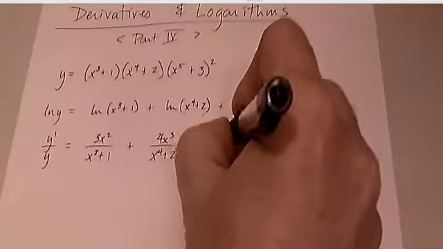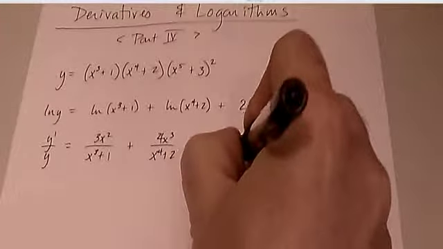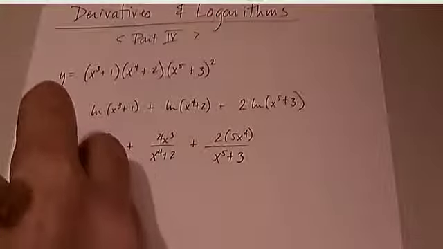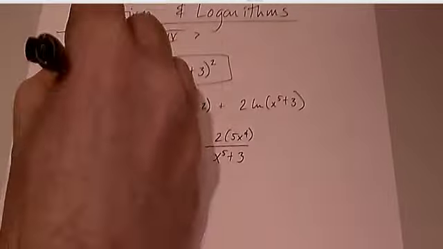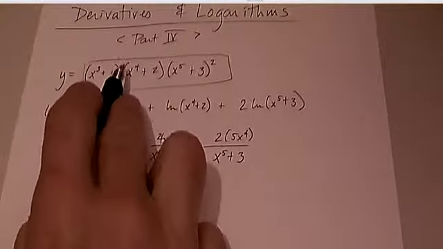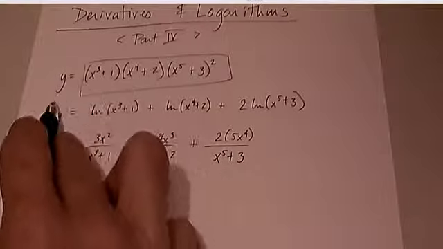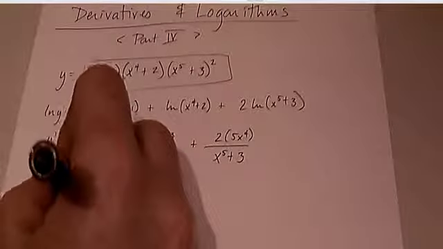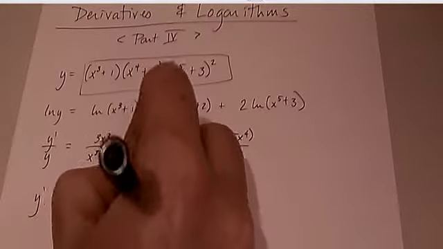So that winds up being 2 times 5x to the 4th over x to the 5th plus 3. And then the last thing you have to do is multiply both sides by y. And by y I mean this whole expression, right? Don't stick a y over here when there's an x expression that y is in terms of, such that your derivative can be stated in terms of a single variable.